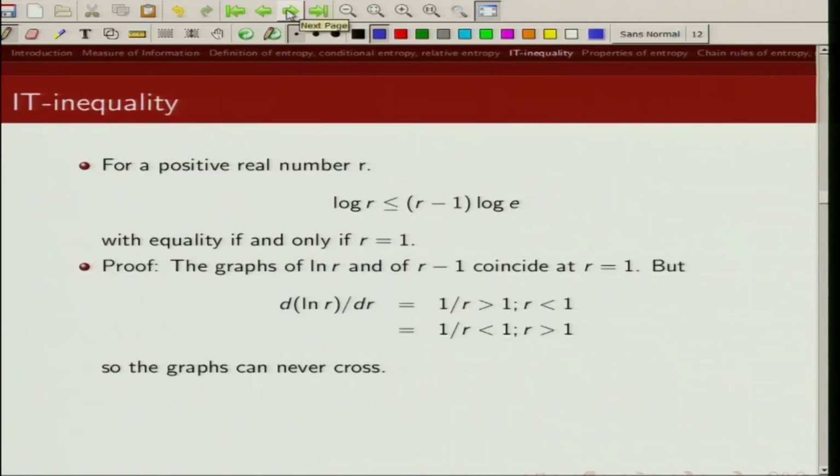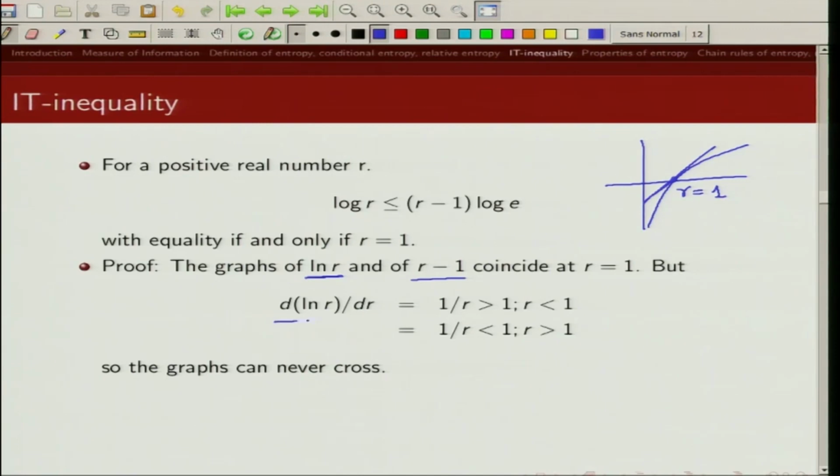Now note that the graphs of natural log of r and r minus 1 coincide at r equal to 1. I am just replotting again. This will be my log function, and this will be my r minus 1. They intersect at r equal to 1.